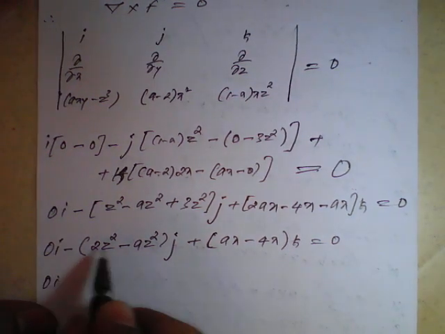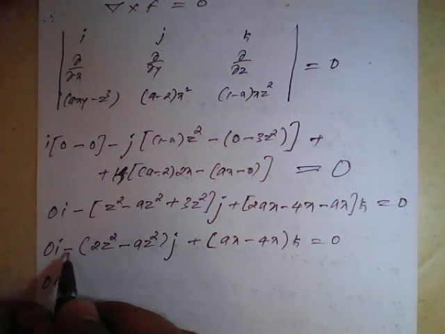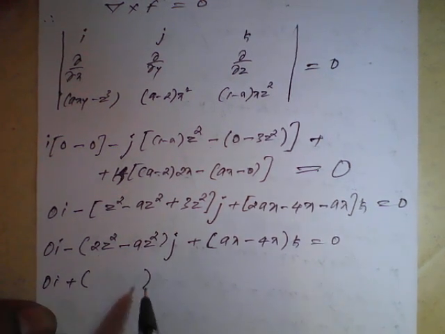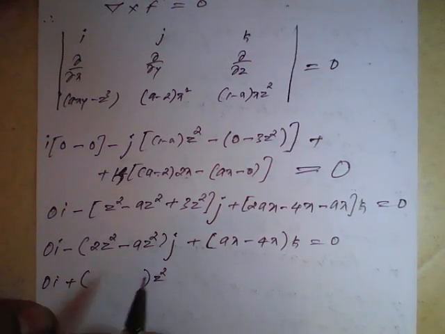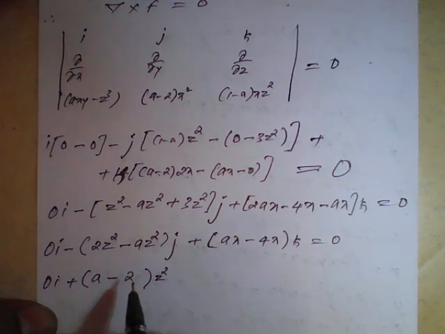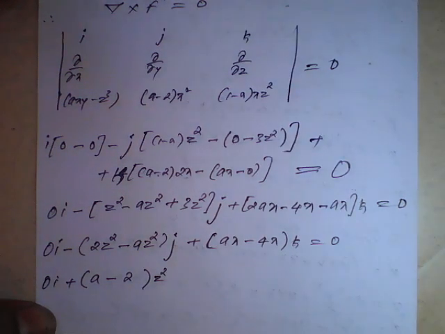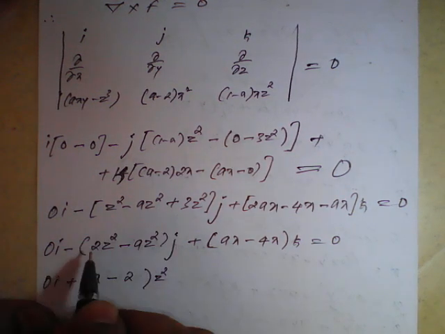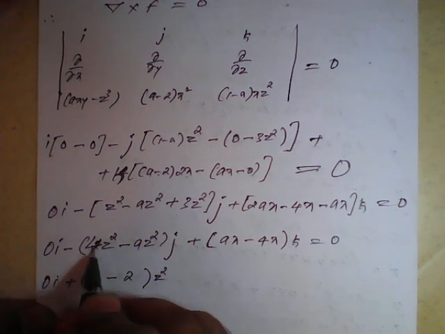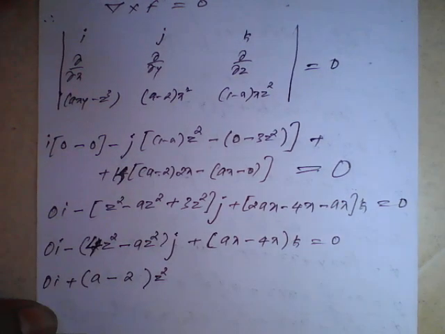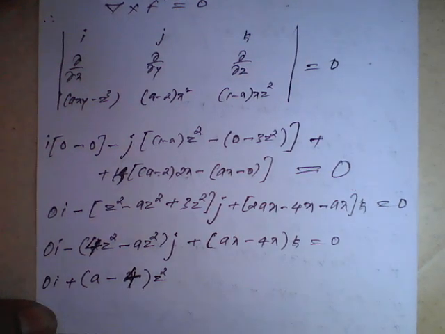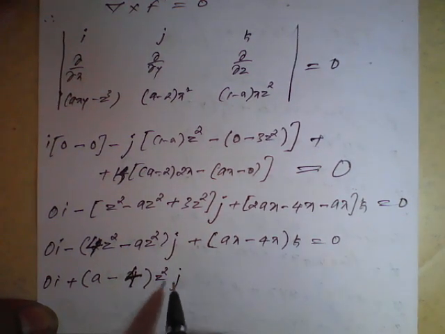So 0i, among this I will take minus sign common. If I take minus common, minus minus will become plus and this will become a positive term, and I will take z square common. So here actually it is z square plus 3z square will become 4z square common plus j.